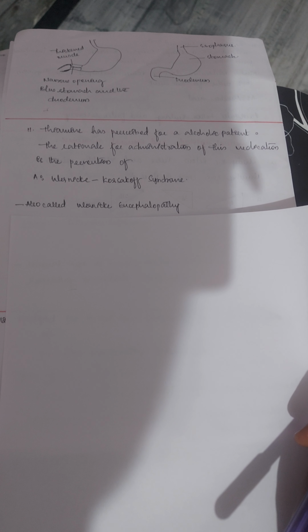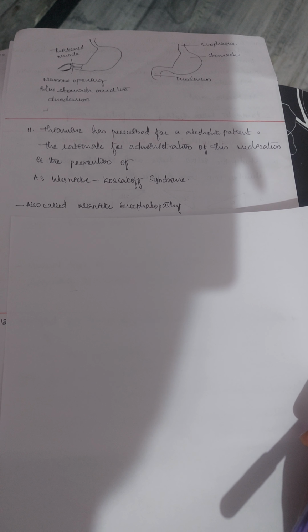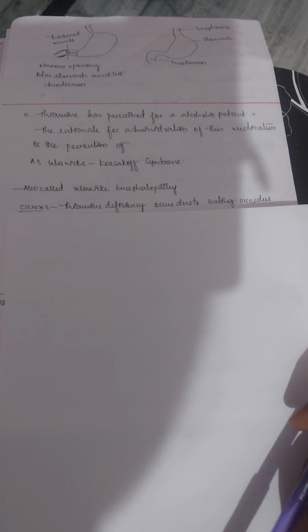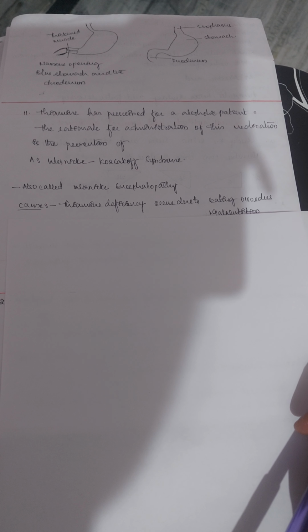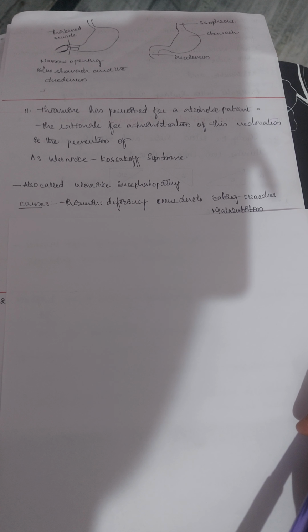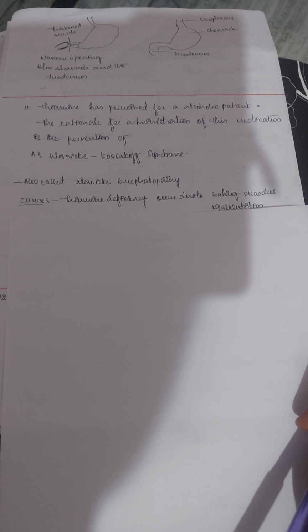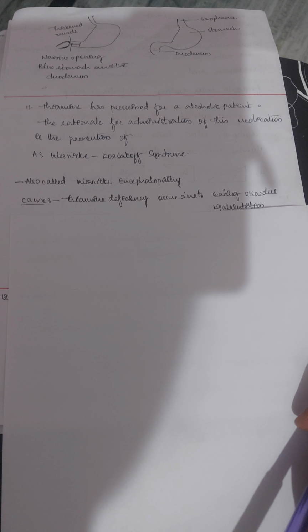This Wernicke-Korsakoff syndrome we can also call Wernicke encephalopathy, and this is a disorder caused by thiamine deficiency. In an alcoholic patient, the main causes are eating disorders, malnutrition or alcohol abuse.